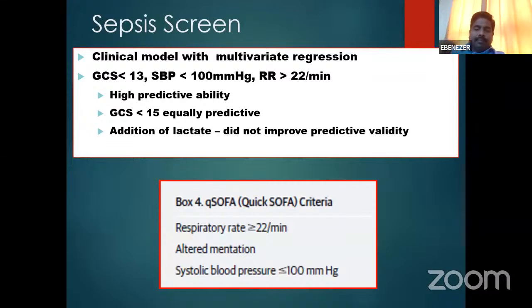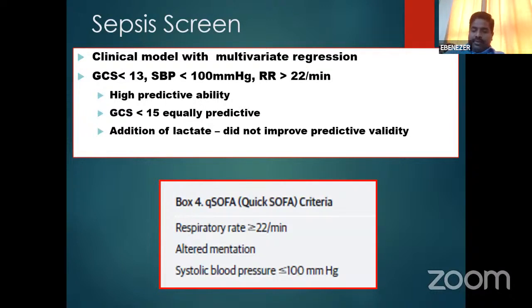Suppose the patient is tachypneic, with a high respiratory rate, and there is delirium, altered mentation, and a drop in systolic blood pressure to less than 100 millimeters of mercury. These are all warning signs. Your antenna should go up, and you should look for evidence of sepsis, evidence of infection, or evidence of septicemia in these patients.